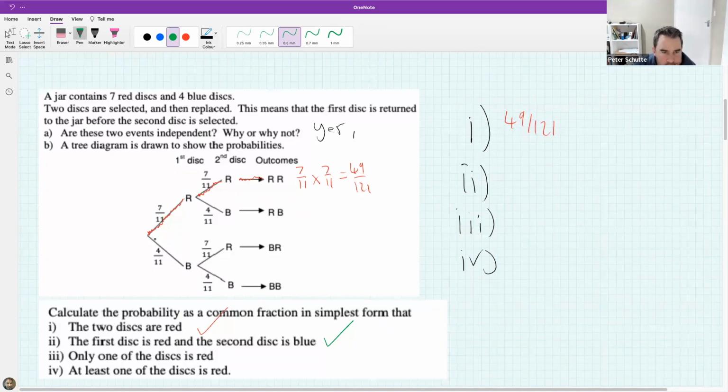First disc is red, and the second is blue. Okay, yeah. So the second one is 28 out of 121.